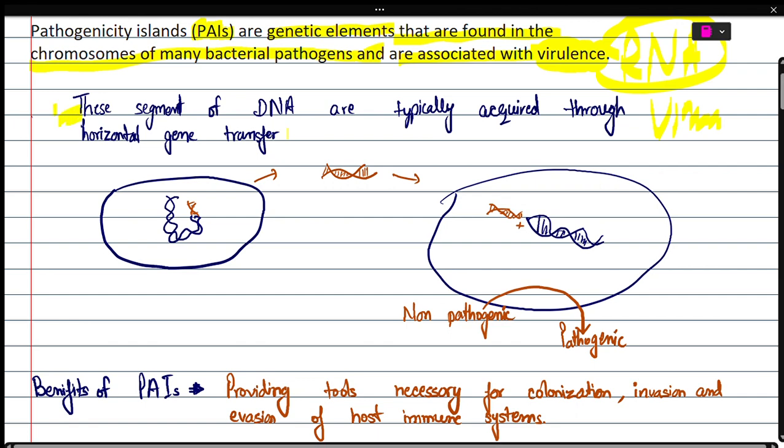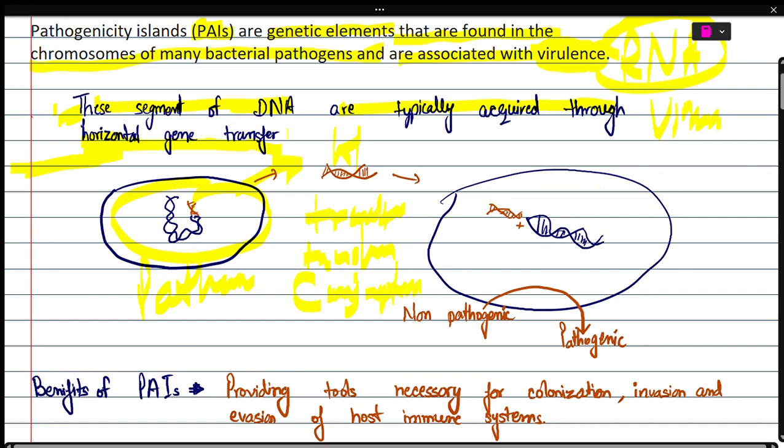So if you talk about PAIs, then these are segments of DNA that are typically acquired through horizontal gene transfer. Okay, now this is the first bacterium, or you can say some pathogenic bacterium. So what will happen is there is horizontal gene transfer. Horizontal can be transformation, transduction, or conjugation.